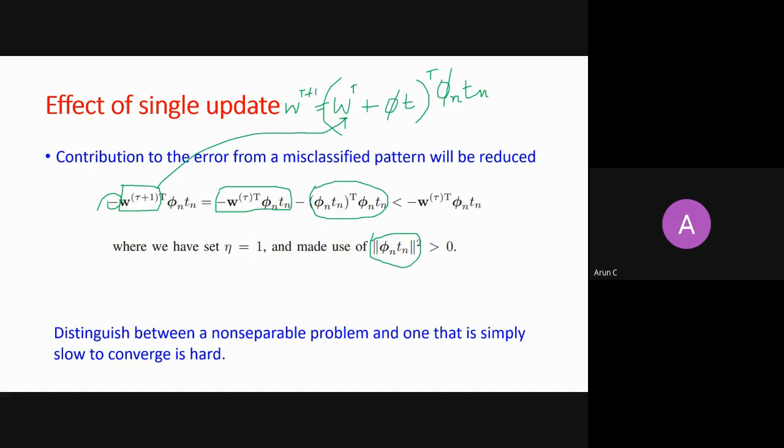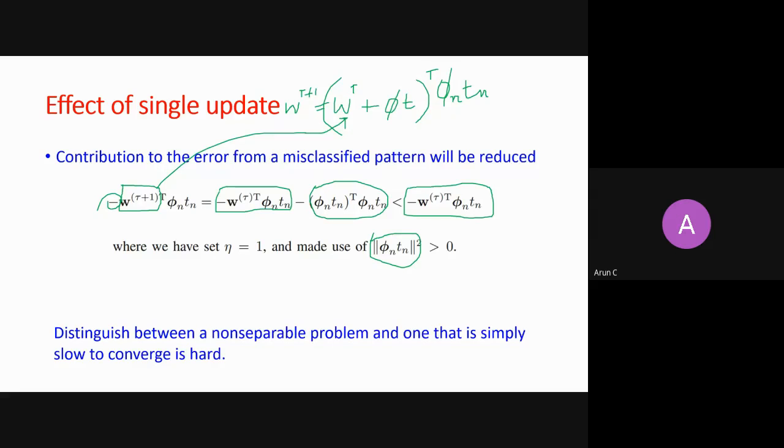Because every term is a square. So if you take a negative number, the square will be positive. So it is a non-negative number. You subtract it, so you will get a less negative number, which is greater, right? So that's how you are saying that after each updation, you are minimizing your error.